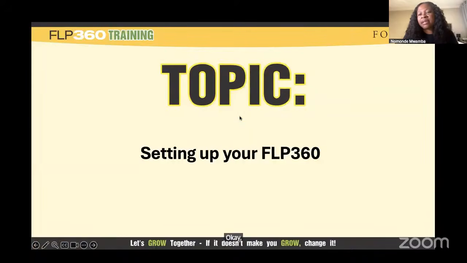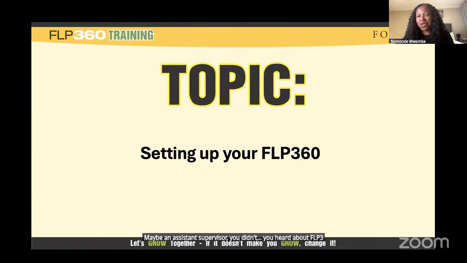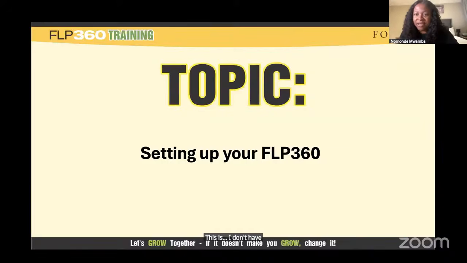Okay, right. I said our today topic is setting up your FLP360. Maybe you're an assistant supervisor, you heard about FLP360, you are not sure. You think this is for managers, this is for people who have teams. I don't have a team yet, so I don't think I need it. And they made things easier this time.